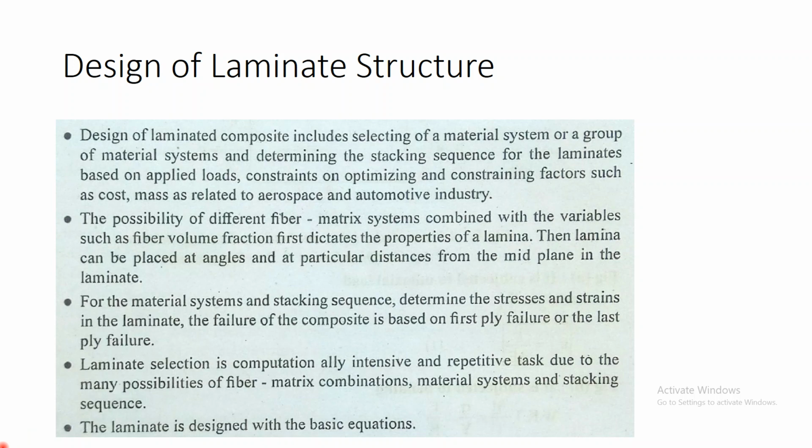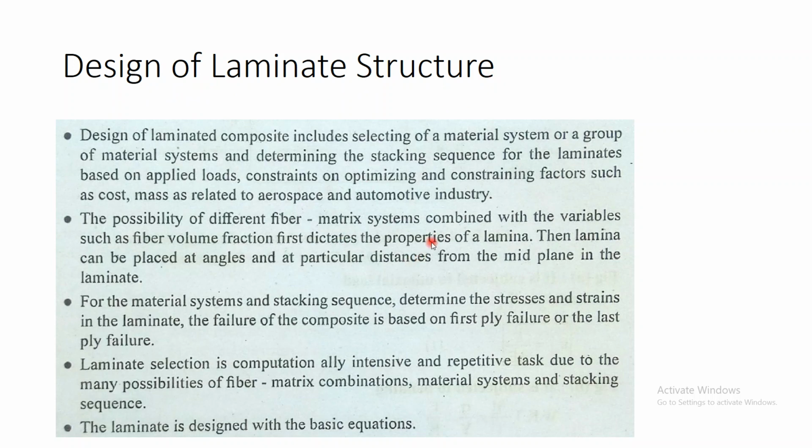We have the selection of the material, from the fiber and matrix varieties, as well as the thickness we should use, the amount of applied load, and the constraining factors like mass and cost, which are important in the aerospace and automotive industry. By considering all these factors, we should go for the design of a laminated structure.